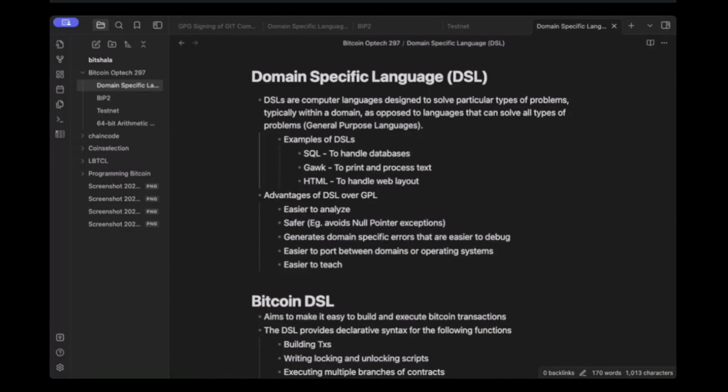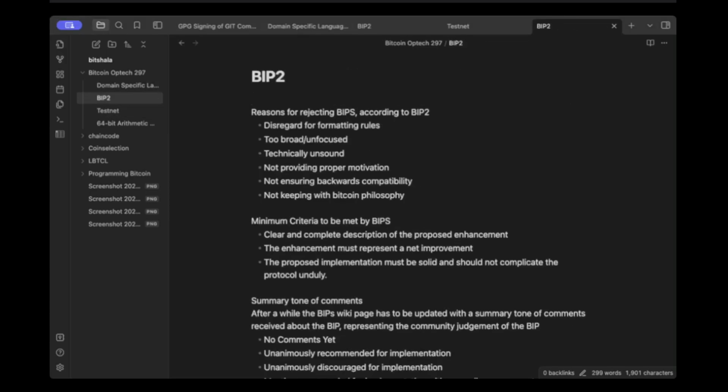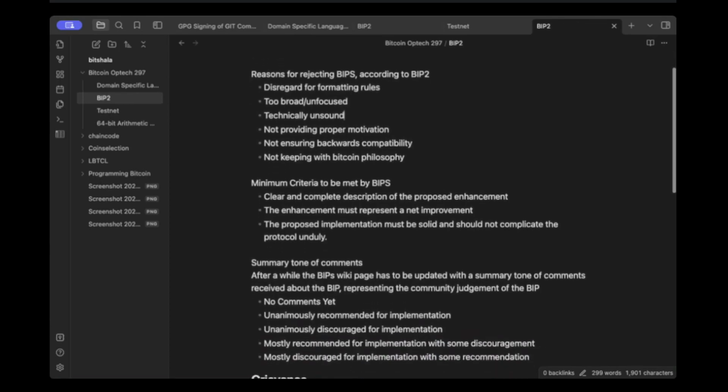Okay. The second news item is about updating BIP2. So we'll just see what BIP2 is. BIP2 largely describes the editorial policies.